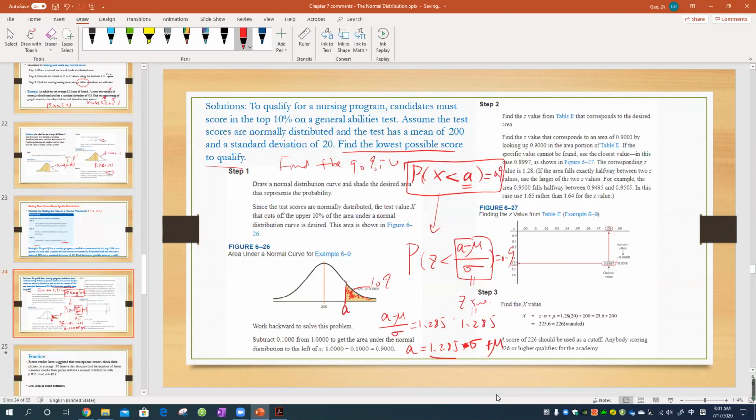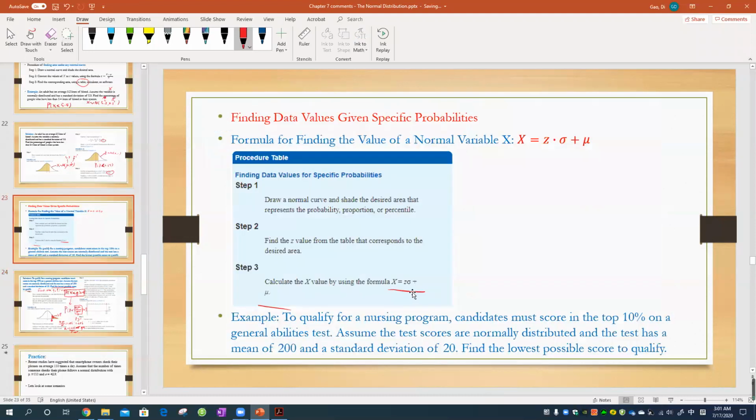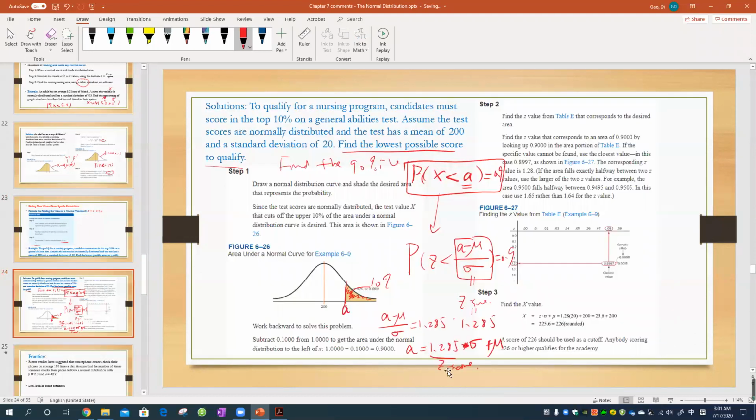So 1.285 is the z-score, right? So that is exactly the formula we have here. Z sigma plus mu. Then the result will be 226. So a score of 226 should be used as a cutoff, or higher qualifies for the academy.